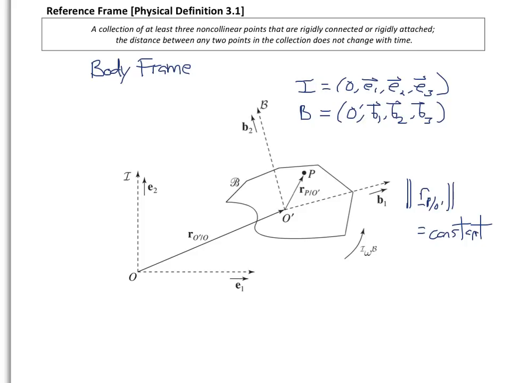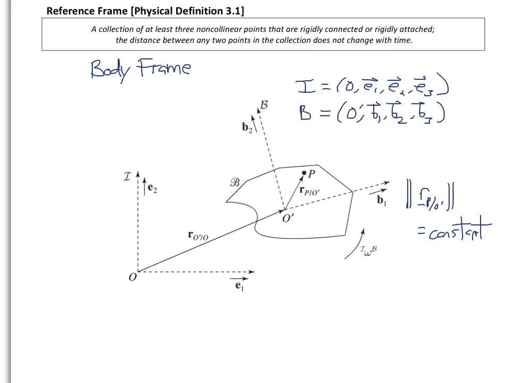And because they can translate and rotate now, that means that the inertial velocity of one point on the body, let's say O prime, won't necessarily be equal to the velocity of another point P on the same rigid body. So what we're saying is that different points on a rigid body can have different velocities depending on where they're observed from.